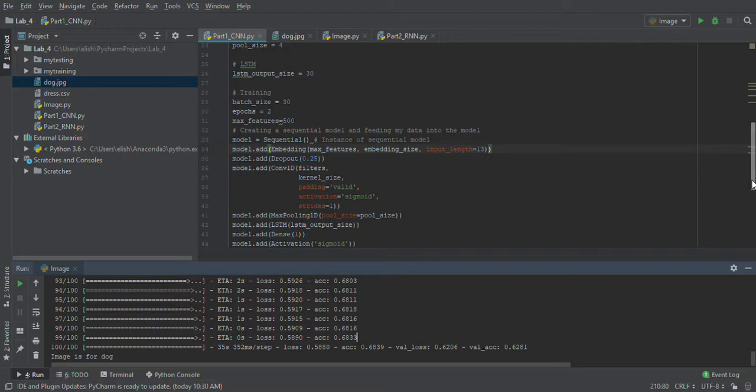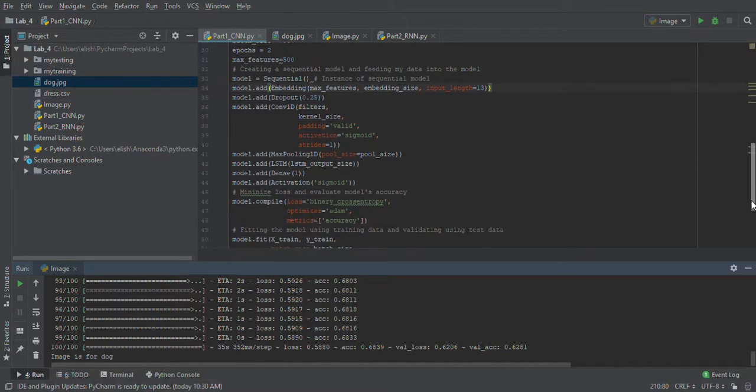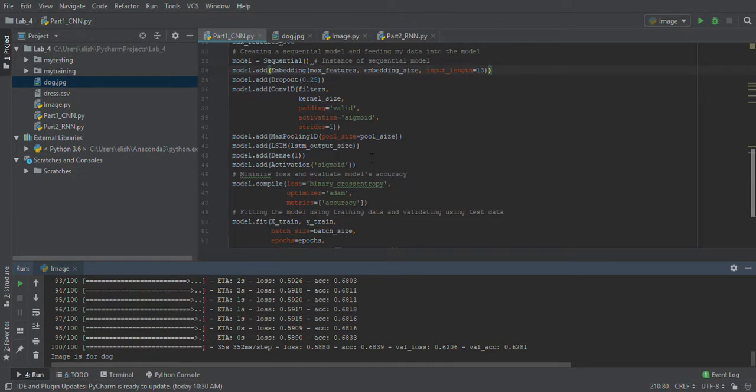And then I created an LSTM model. The activations used in all these models are the common activation functions, like the sigmoid and the rectifier. In this instance, I use the sigmoid activation function.